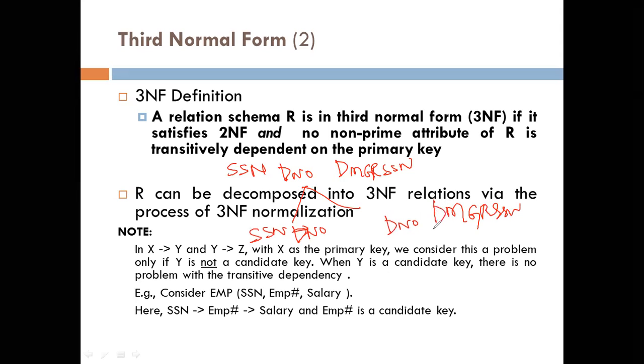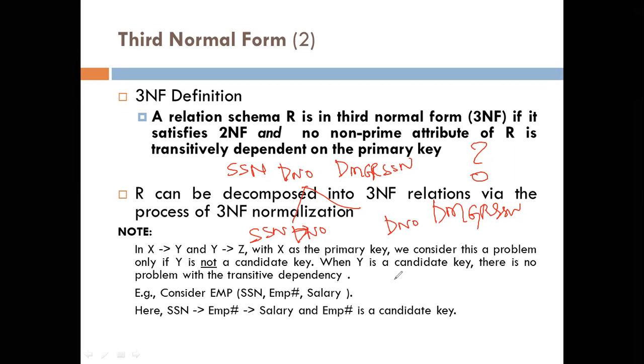So two tables will be decomposed. Why was this decomposition necessary? Will it lead to redundancy or anomalies? That we need to understand.